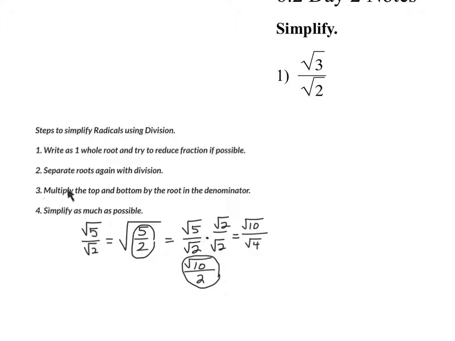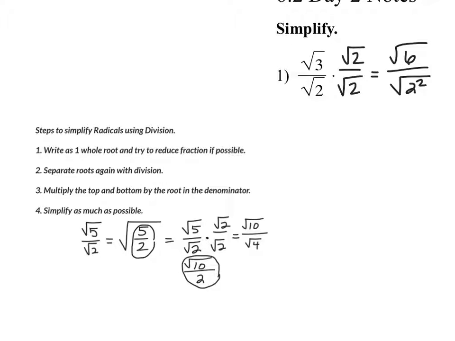Step number 3, I'm going to multiply top and bottom by the denominator, square root of 2 over the square root of 2. Square root of 3 times square root of 2 is the square root of 6. And the square root of 2 times square root of 2 is the square root of 4, or I'll even write this as 2 squared, so maybe you can understand this a little better.